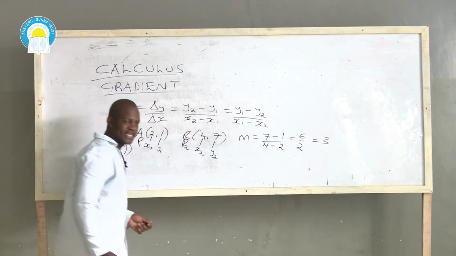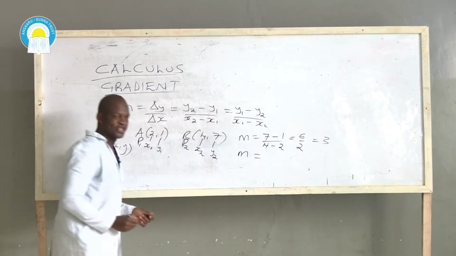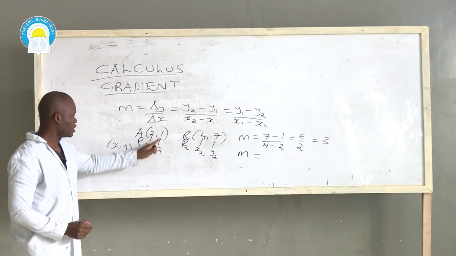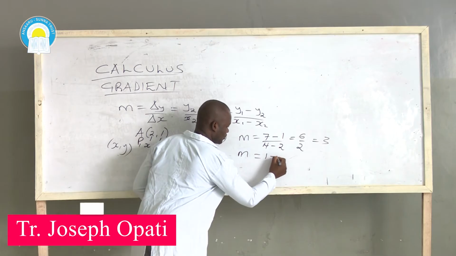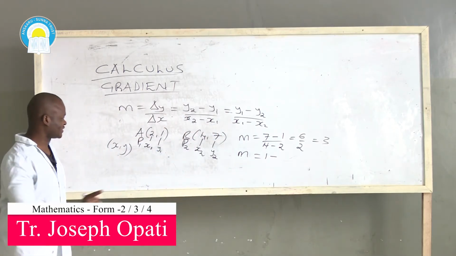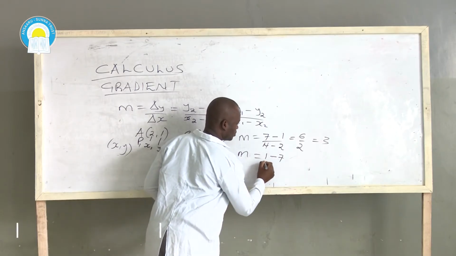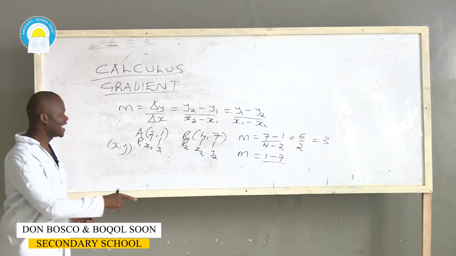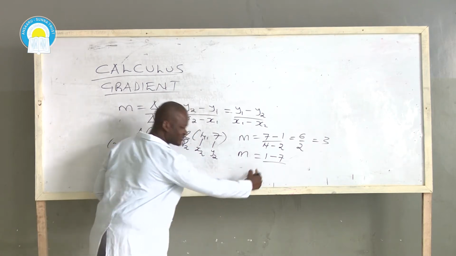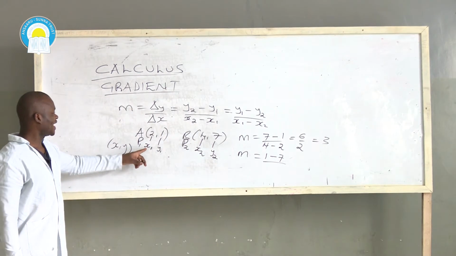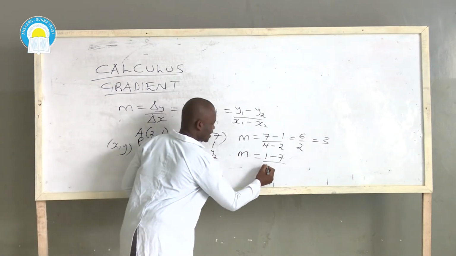So here, if I begin with my y1, which is 1, I'll have the 1, which is y1, minus the 7, which is y2. Then, having begun with y1 there, I should begin with x1 here. The x1 value here is 2.